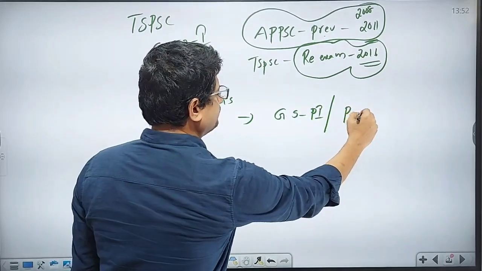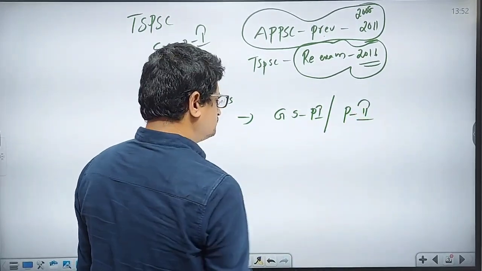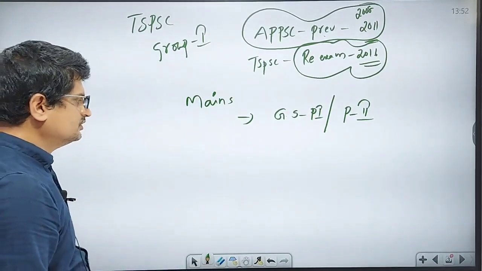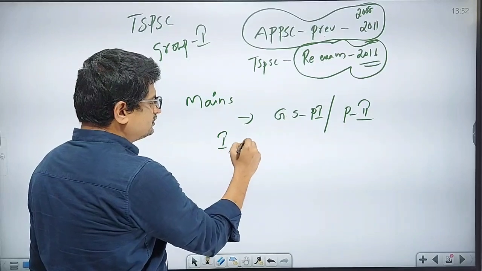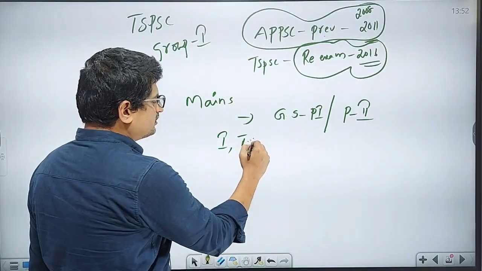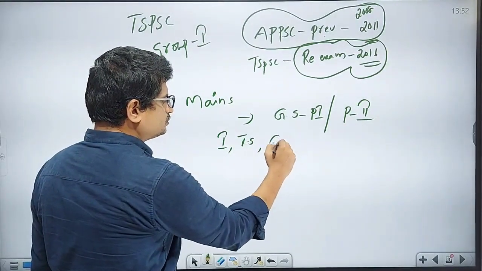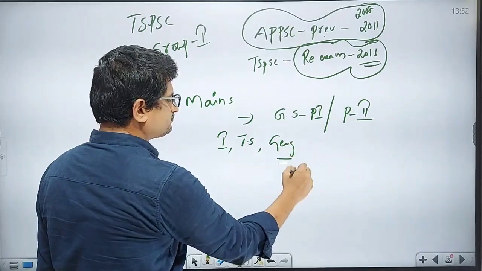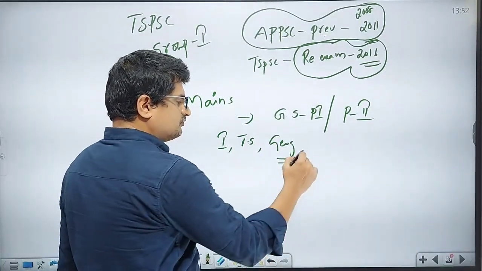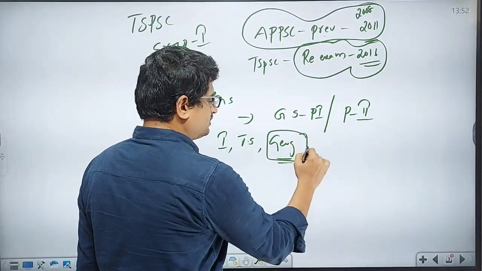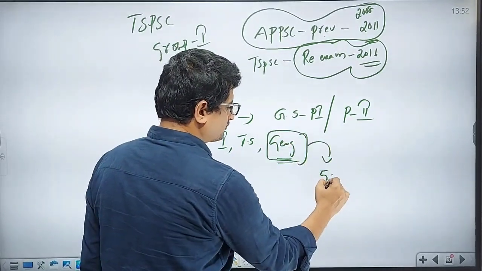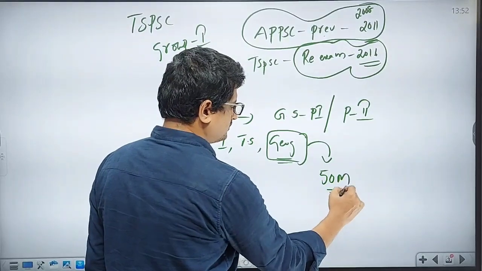Generally, mains paper 2, scoring paper 2, General Studies Paper 1 is part of Indian history, Telangana history and geography, where out of 150 marks, they will allocate us only 50 marks. 50 marks, right?